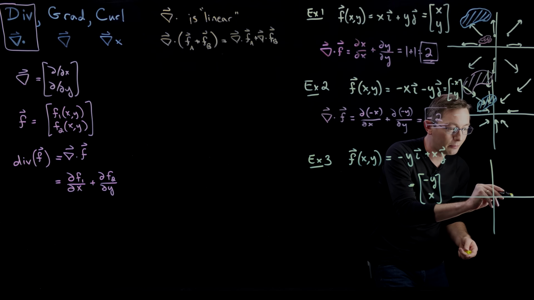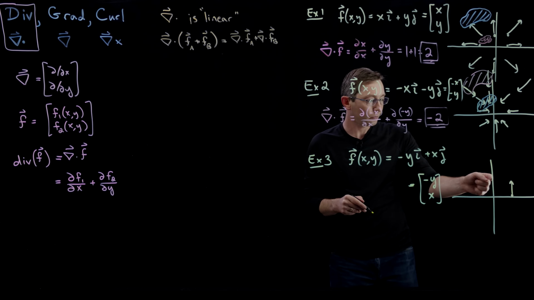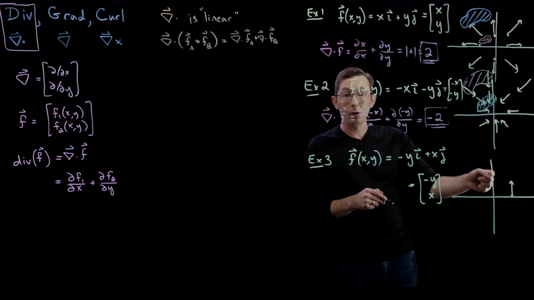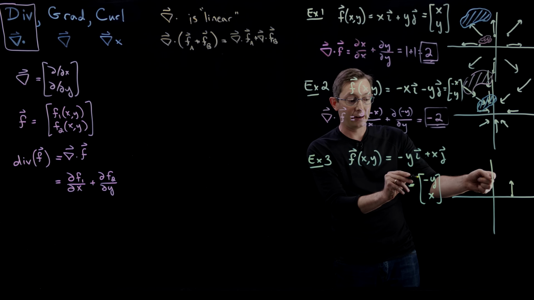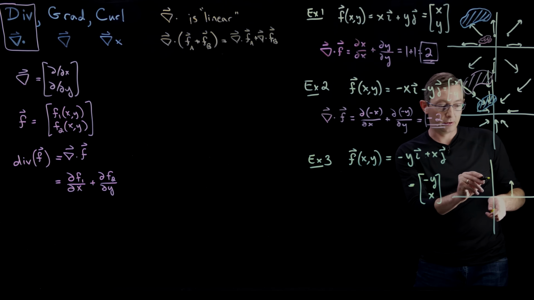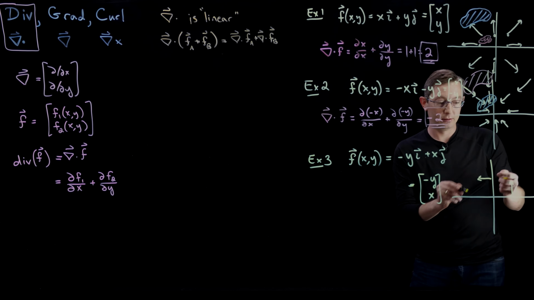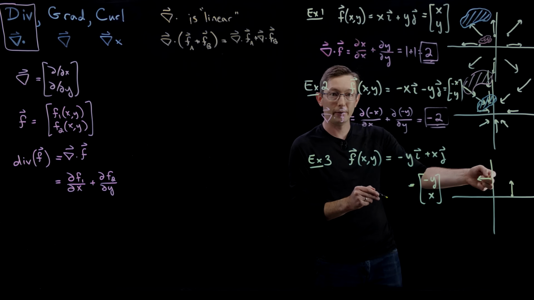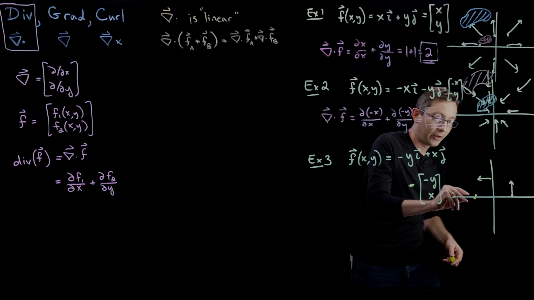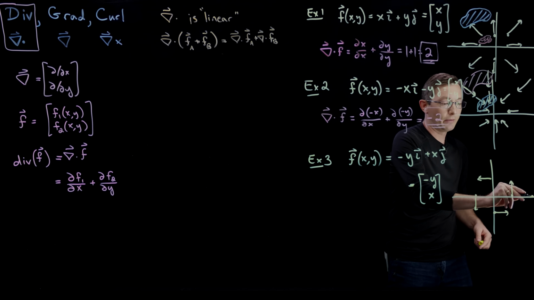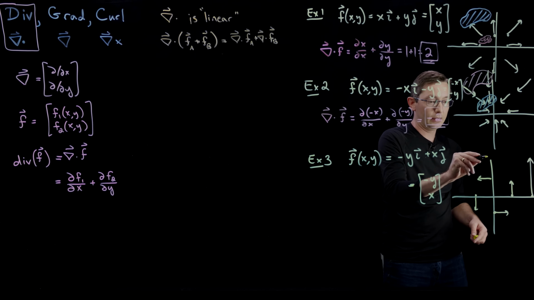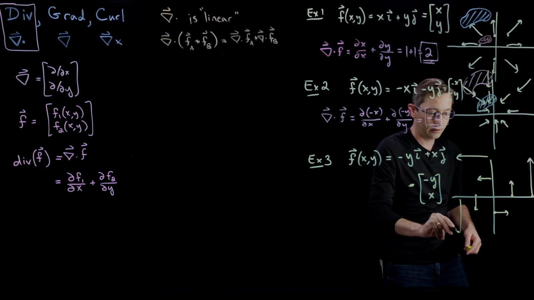At (0, 1), when x is 0 and y is 1, this is the vector (-1, 0), so it's pointing left: -1 in the x direction, 0 in the y direction, and so on and so forth. If I'm here, it's pointing down. If I'm here, it's pointing to the right. If I'm farther out, it's twice as big.